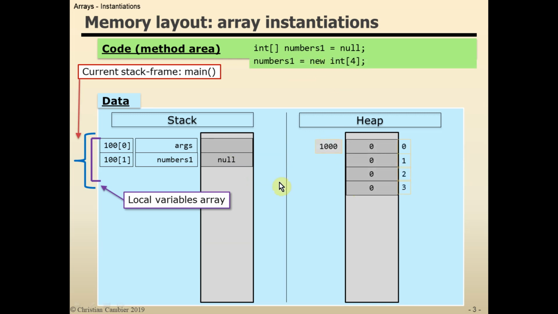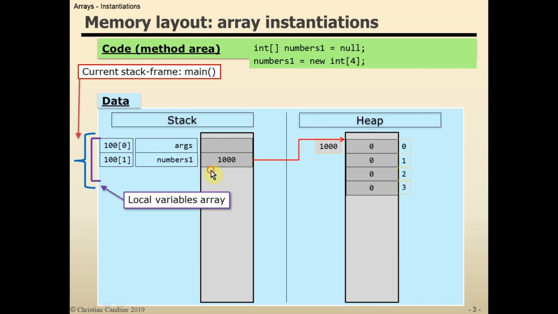After the assignment, numbers1 holds the address of the array on the heap. Array containing 4 integers indexed from 0 to 3, and each integer is initialized to its default value of 0. So an array variable is a pointer to an object that is created on the heap.